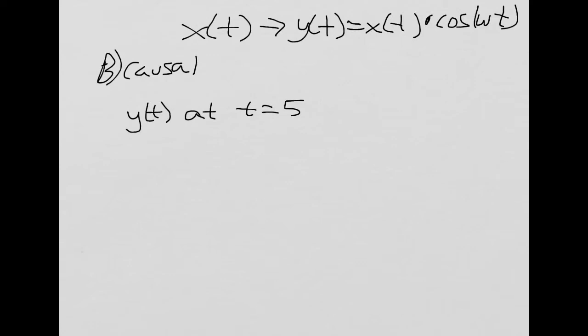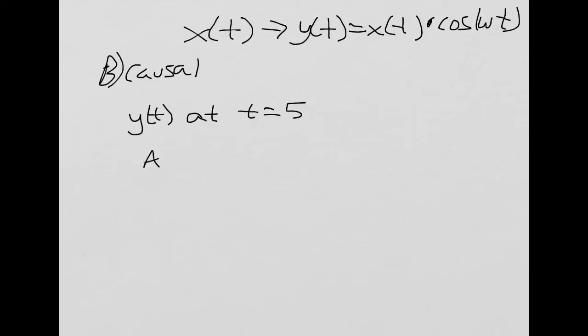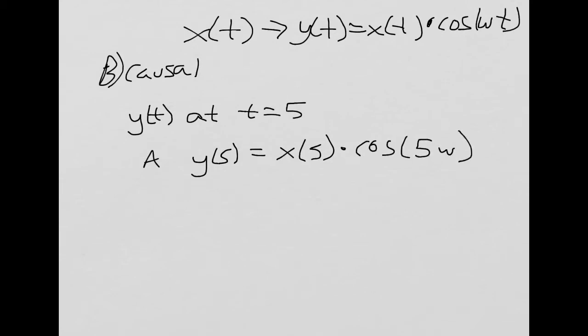And so, therefore, we would have y of 5 is equal to x of 5 times cosine of 5 omega. And so we can see here that y of t does not depend on any of the future values of x of t. So these are all currently present values. And so therefore we determine that it is in fact causal.